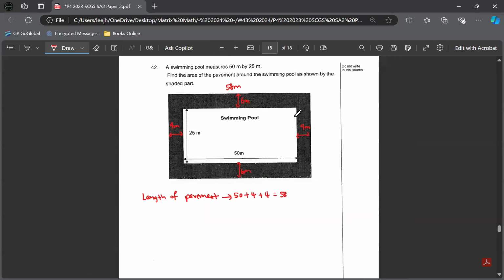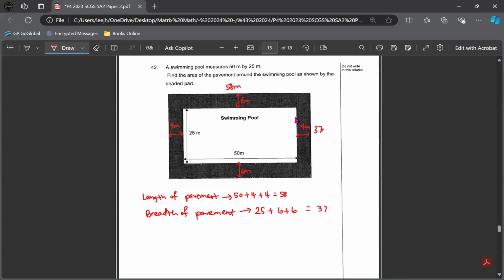Wait, maybe a bit smaller, you can see. But what about the breadth of the pavement? So you know that top and bottom difference 6 meters more. So this is 25, right? So 25 plus 6 plus 6. It is 37 meters.